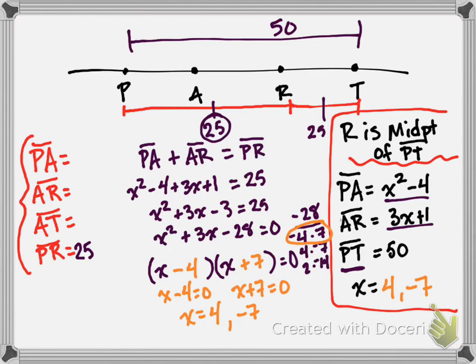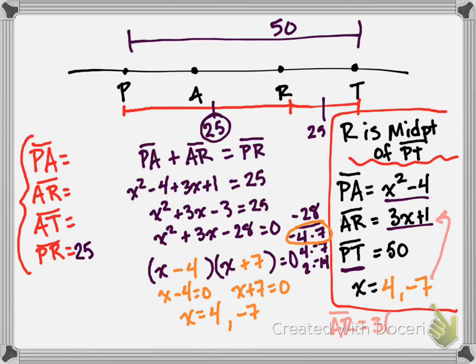Now, I may be seeing some issues with this already here, specifically because if we look for PA, well, let's look at AR first. Okay, plug negative 7 into AR, and grab a different color here. If we want to plug negative 7 back into this guy right there, I'll just do the work here on the bottom.